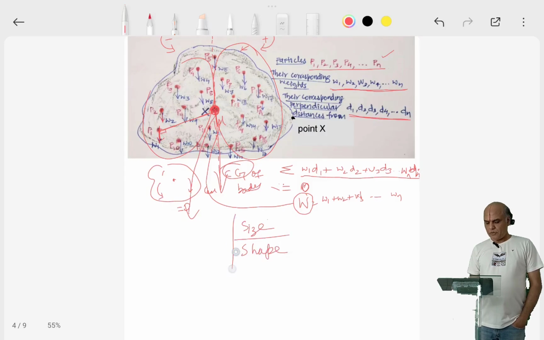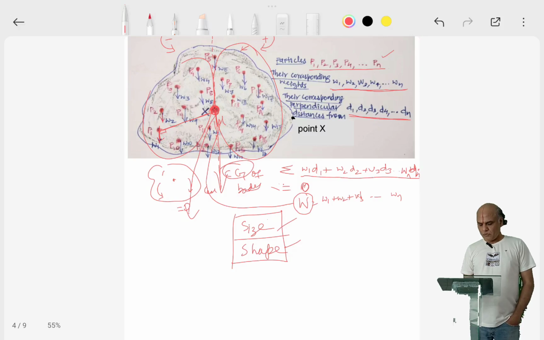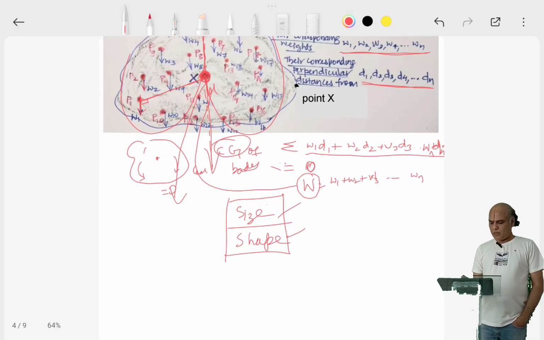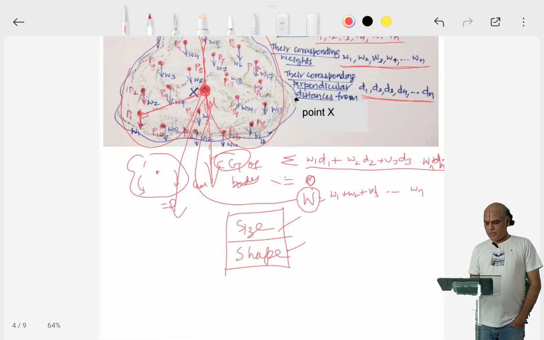So if a body undergoes some change in shape, like a car that crashes, its Cg will shift. So center of gravity will depend on the size and shape of the body, and it depends on the spread of mass.